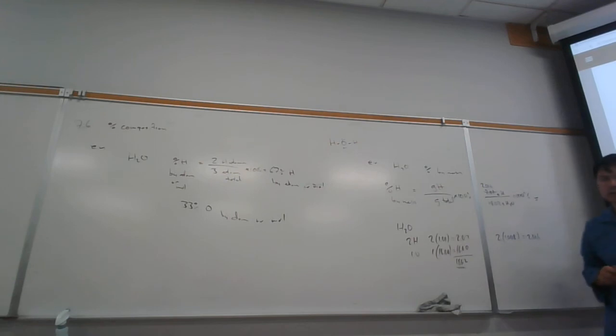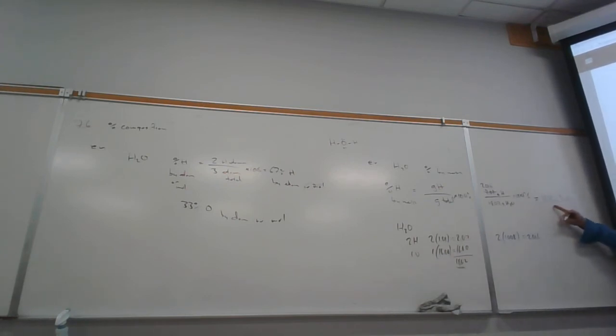And let's calculate the mass percent hydrogen. So this is going to be 2.016 divided by 18.02 times 100. And so I get 11.18, and I'm going to carry 1 extra digit. So this is going to come out 11.187% hydrogen.